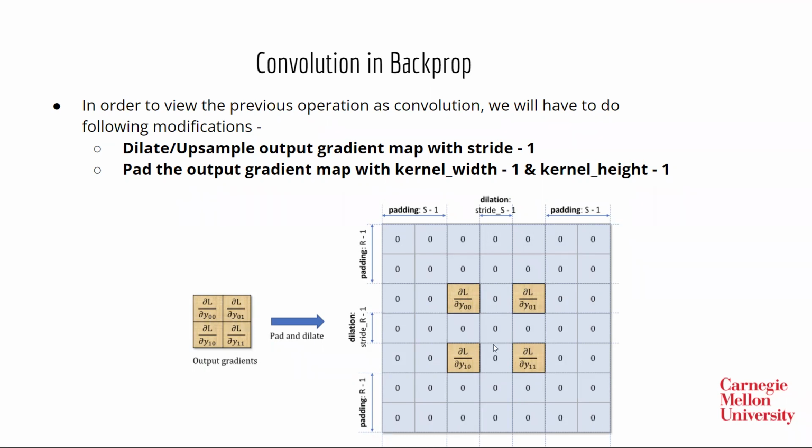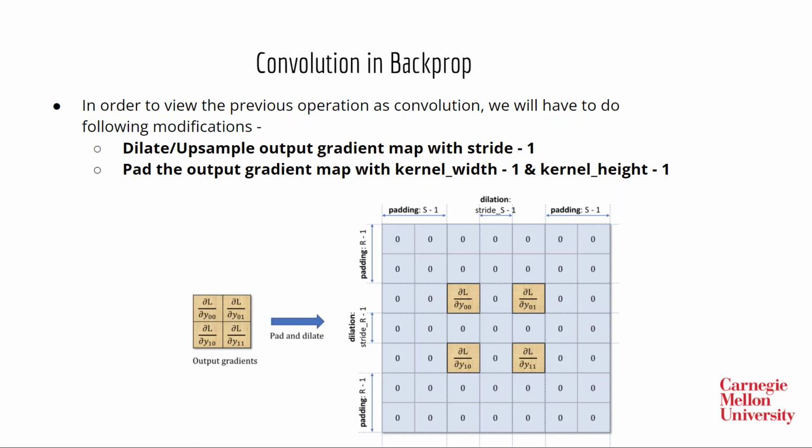Now, why do you do padding? Because we need to do a full convolution, as I think I explained in the stride equals 1 case. So full convolution essentially means convolution with padding. And you pad with these many zeros in order to go back to the original input size, because you will need the gradient of loss with respect to every single input.